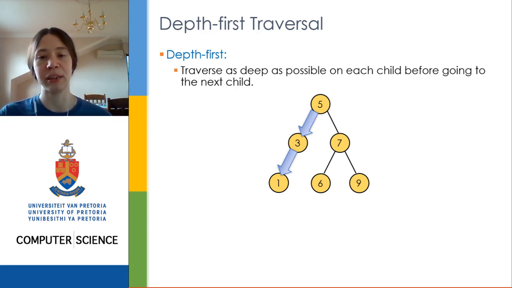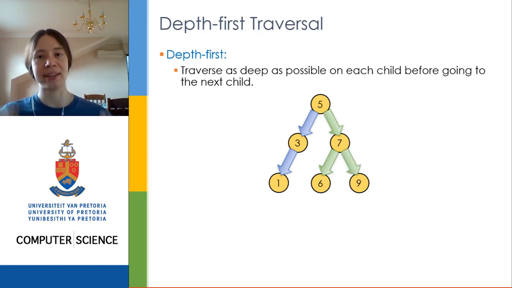Only once I've printed the entire left subtree, only then will I go to the right subtree and then print all the values in the right subtree. So here depth rather than width is more important. That's why it's called depth first. You start on a node and then you go as deep as you can before you make a flip to the neighboring subtree.